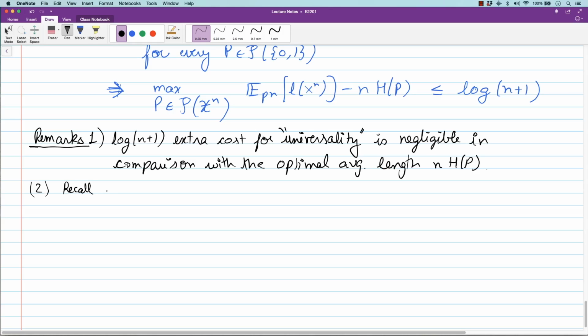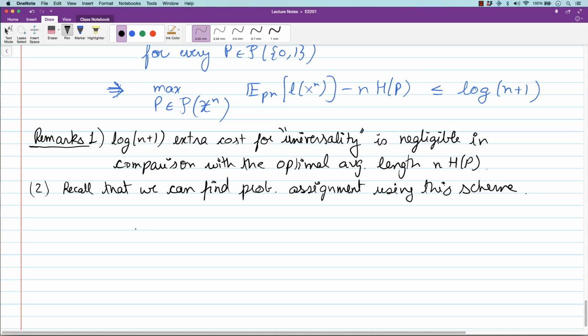The second point, which is also quite interesting: recall that we can find a probability assignment from the scheme. And in fact, what we have shown already is that Rn star is less than or equal to Rn star plus 1, and Rn star is the best you can do, and you can already do log n plus 1 in the scheme.